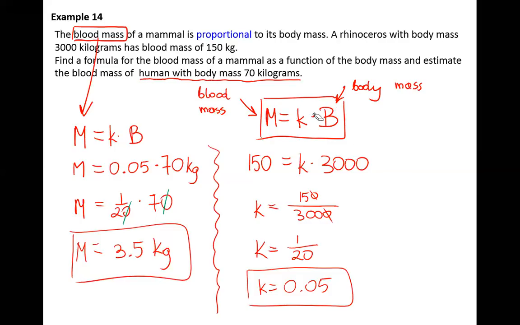If you switch these, you will get a huge number. You will divide by 20, that's not possible. The amount of my blood can't be 20 times 70, bigger than my weight, and you will probably figure out that something is wrong. But hopefully not. You will label this. This is just a really basic question about directly proportional functions.